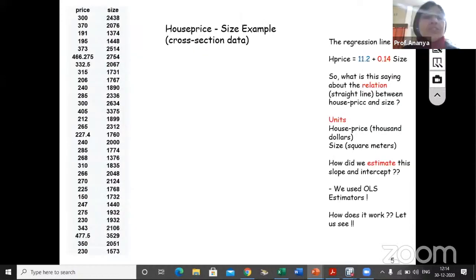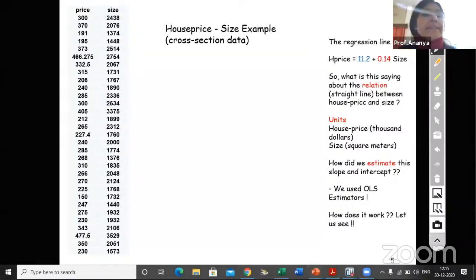Right. So what you can see on your screen on the left-hand side is some cross-section data. Now, what is cross-section data? This is data which varies across units. So I have on the left-hand side price, which is house price, and right next to it is a variable called size.